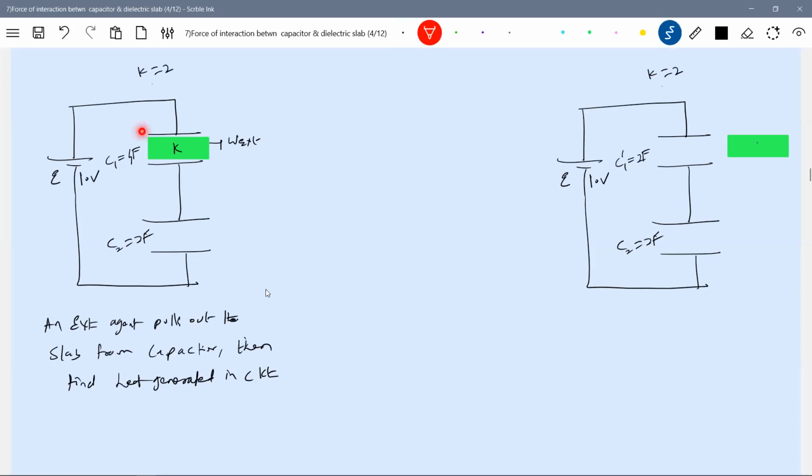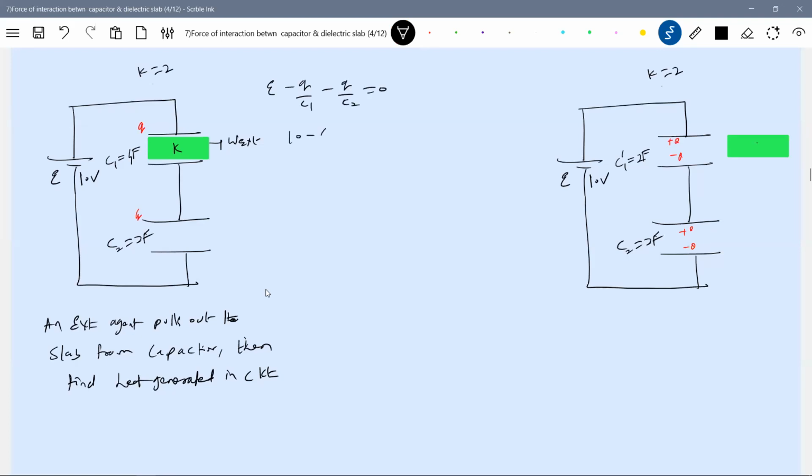So earlier there was a charge, say Q. This charge I will call capital Q. Comparisons will be easier. We have to calculate that charge. You can apply anything, but better I stick to the loop equation so that I don't go wrong. E minus Q by C1 minus Q by C2.